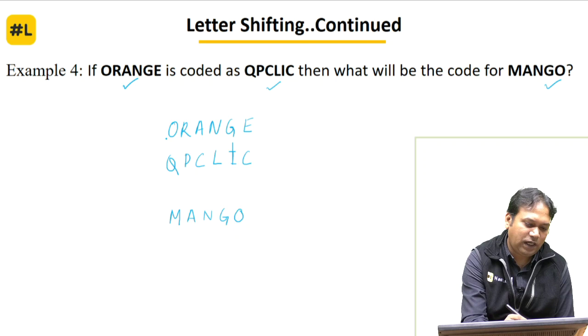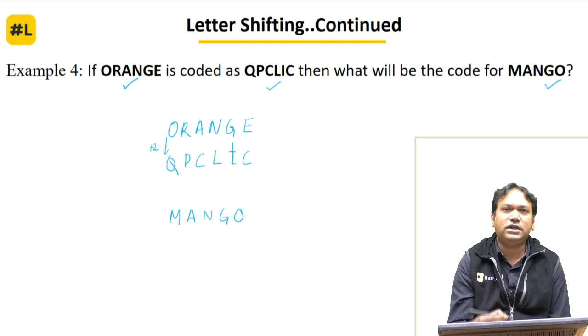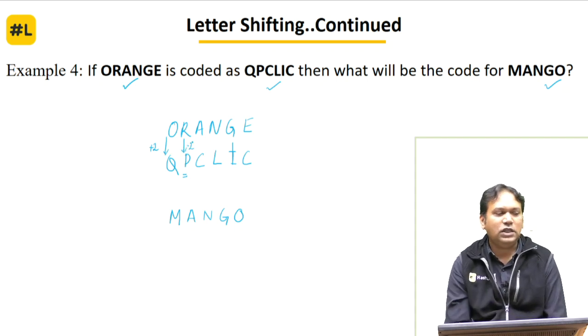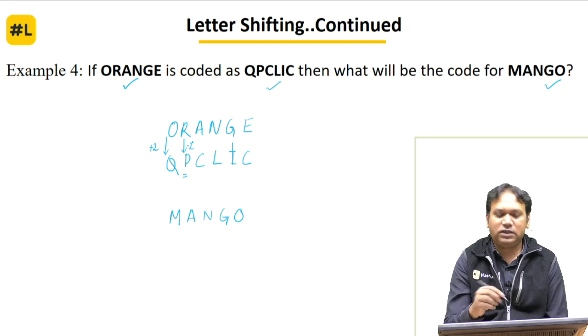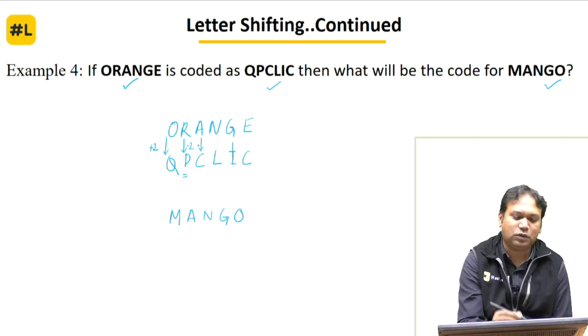So, O, P, Q, we are moving 2 forward, plus 2. But R plus 2 is S, T. Here we have P. That means what? It means we are moving back by 2, minus 2. So, what is the logic here? Plus 2, minus 2. Look at the next letter, A and C. What are we doing here? Plus 2.